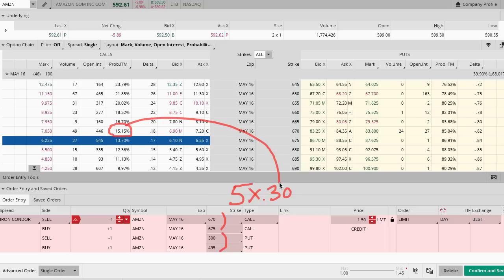So we add those two together. That's how we get our 30% probability of losing on both sides, meaning that we need to take in a credit of about $1.50 on this Amazon trade, which is exactly what this iron condor is kind of pricing out right now. So in this case, the Amazon iron condor actually ends up paying exactly what the risk in the trade is, and that's because implied volatility is very high in Amazon.